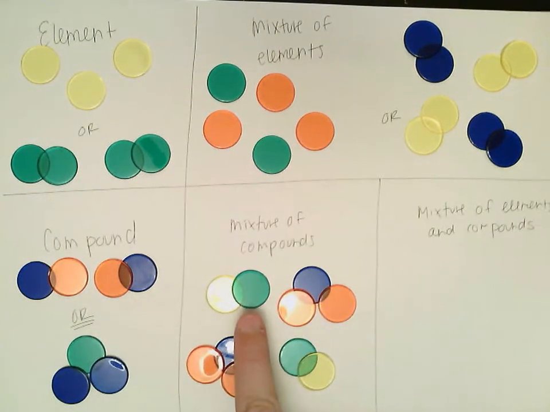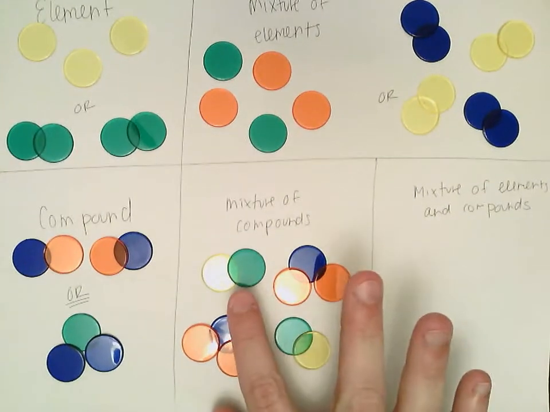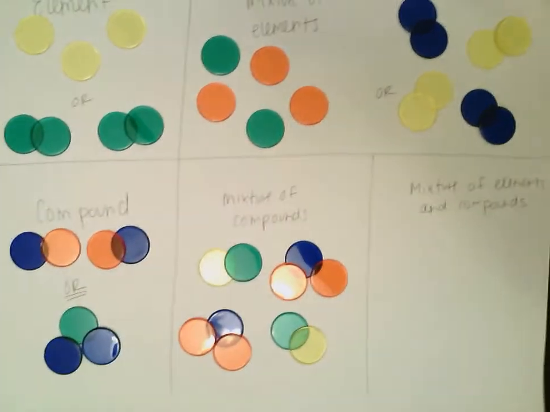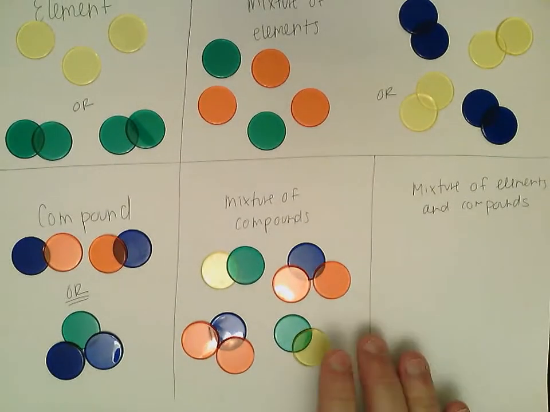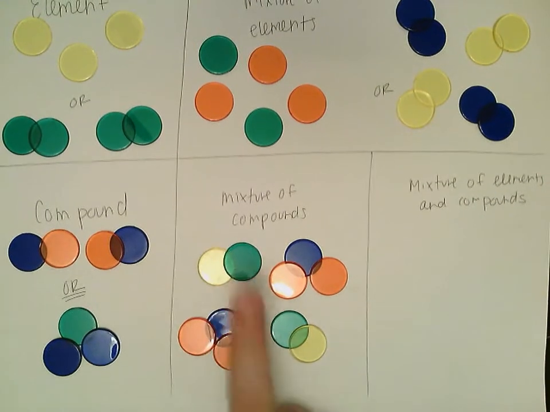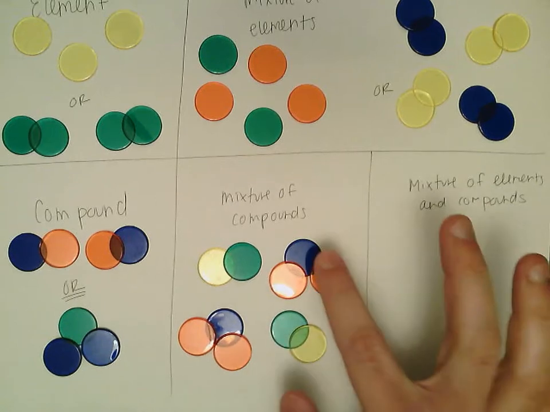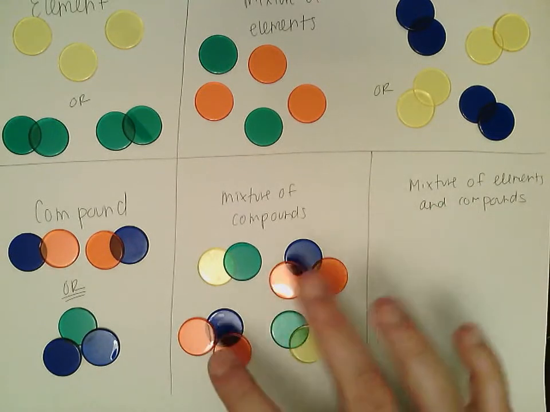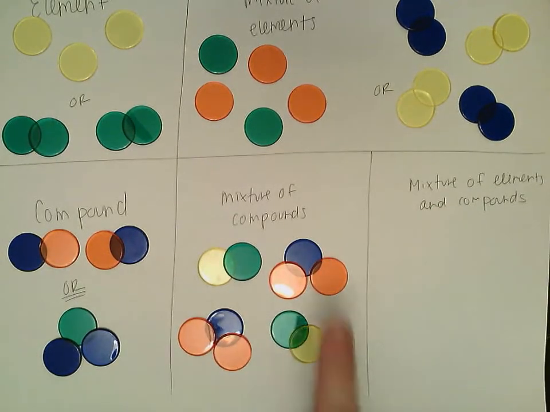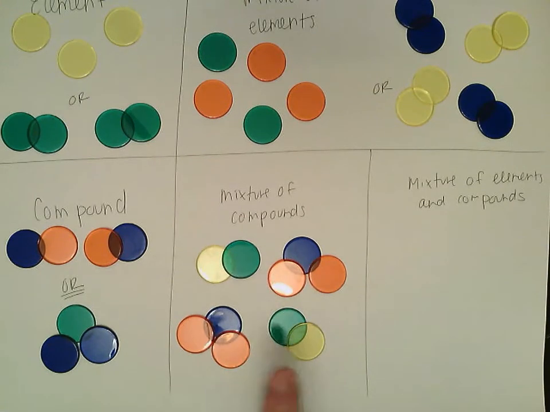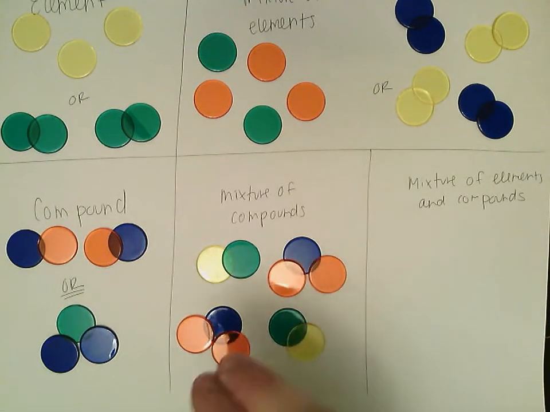So we have a compound here and a compound here. So we have a yellow and green here. We have yellow and green here. That's one type of compound. Then we have blue and orange here, blue and orange here. That's another type of compound. So here we have two compounds mixed together.